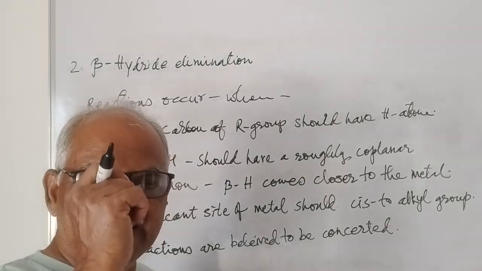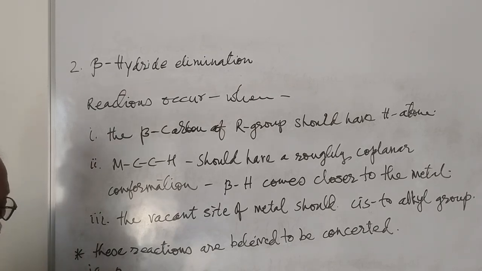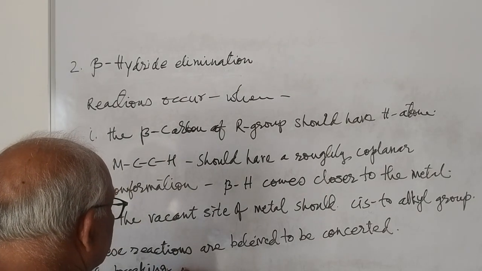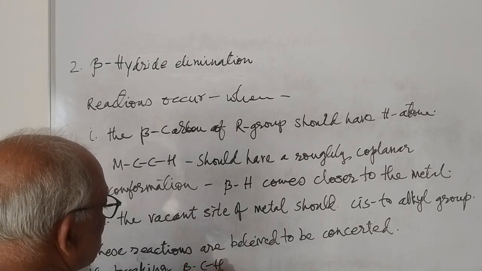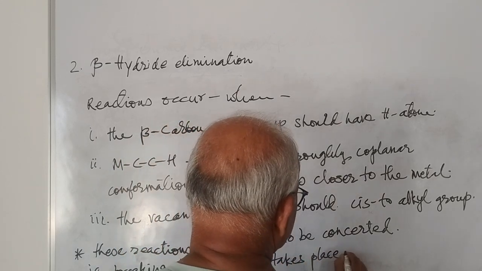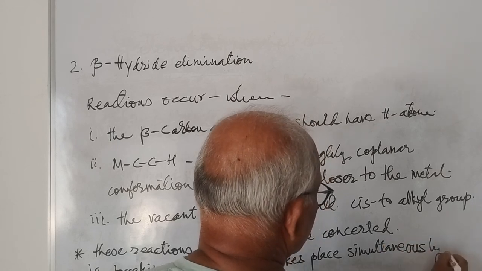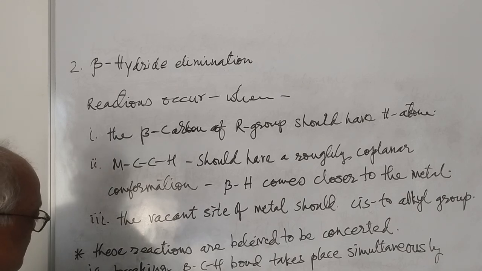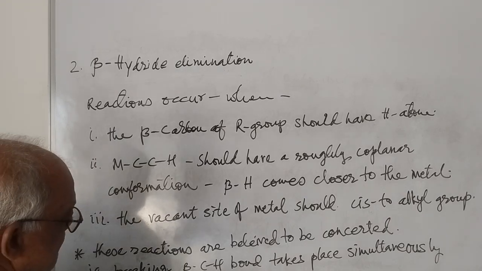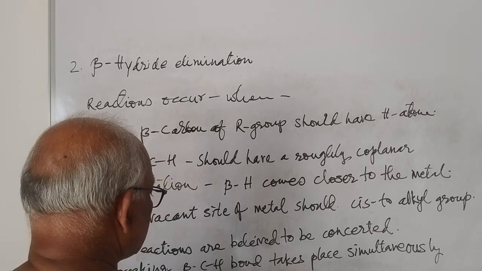It means the breaking of the carbon hydrogen bond, that is, the breaking of the beta carbon hydrogen bond, takes place simultaneously with the formation of metal carbon and metal hydrogen bonds.